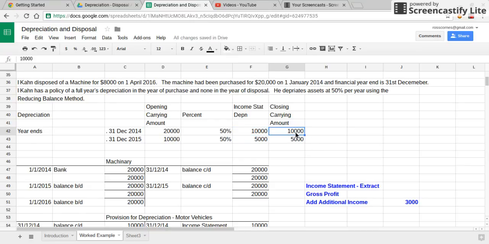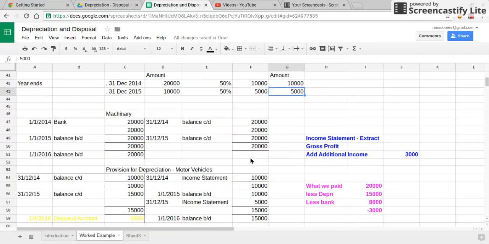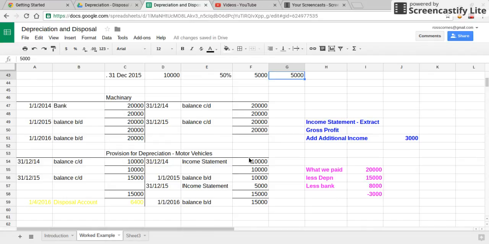The carrying amount at the end of the first year is going to be $10,000. Second year, he's got an opening carrying amount of 10,000. 50% depreciation, so there's going to be 5,000 depreciation in the income statement, and therefore the closing carrying amount is going to be $5,000.